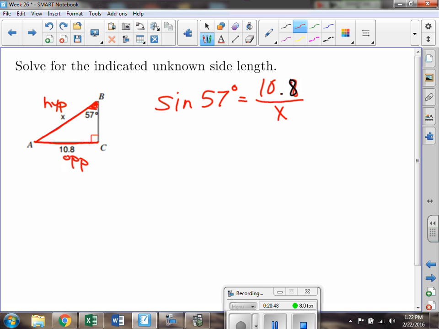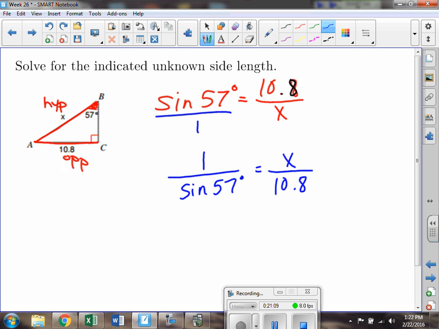Now, how do you want to solve it? Tell me what to do. Okay, Rochelle said she wanted to do the reciprocal, and since she was the first one who called it out, that's the one we're going with. First person who picks what they want, that's the one we're going with. Taking the reciprocal of both sides, we'll multiply by 10.8.